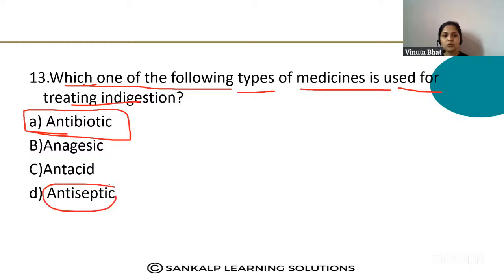Antiseptic is used to cure some infections. Analgesics are used to handle pain during some surgeries. So here antacids are the correct answer. Antacid is used for the treatment of indigestion.